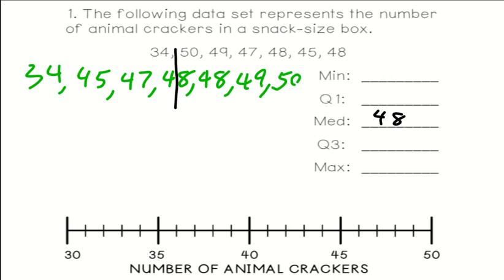I guess I skipped. What's the minimum? Who can tell me? Mason? 34 is the minimum. Maximum? Jeremiah? 50 maximum. Okay? Now we need Q1 and Q3. So go ahead and find Q1 first.